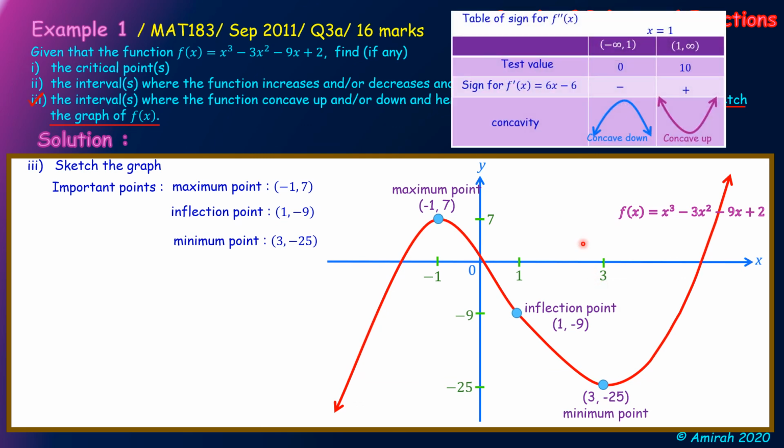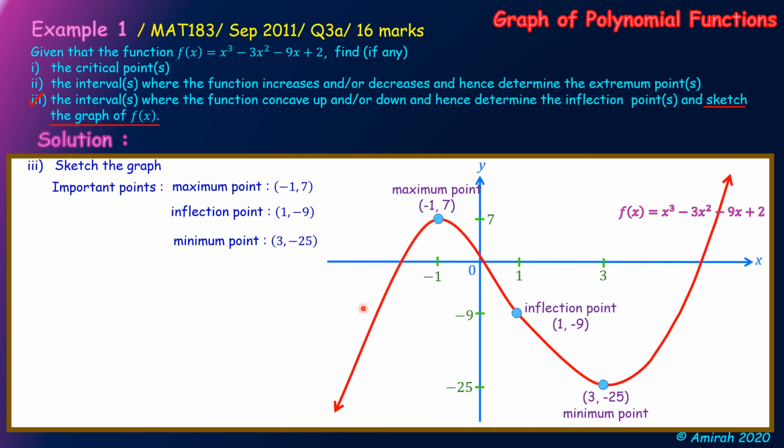Now we check the table of sign for f double prime x. We have x equals 1 here. And then we have concave up for interval 1 to infinity, and we have concave down for interval negative infinity to 1.